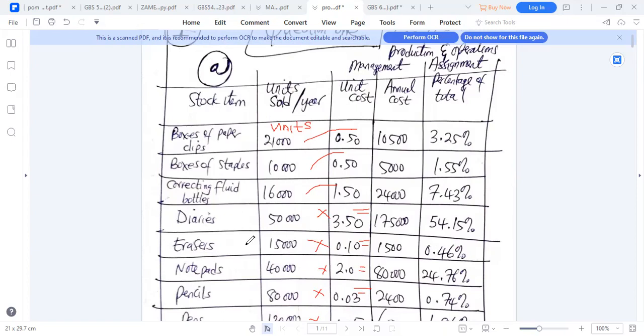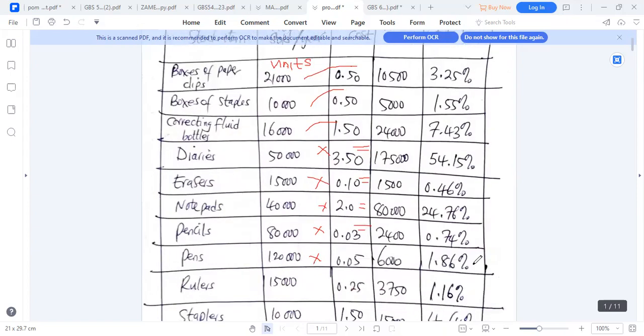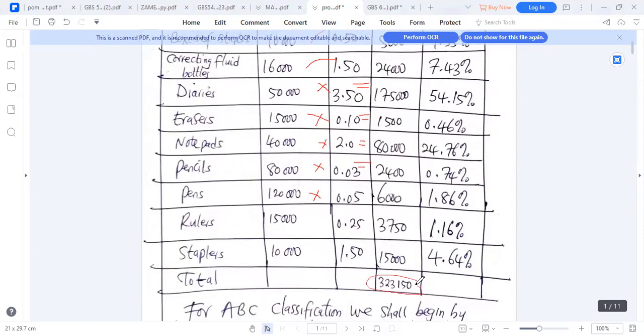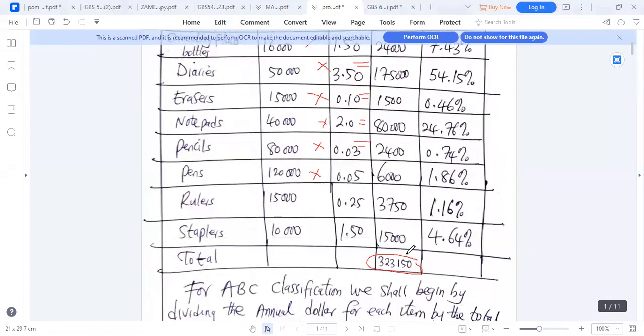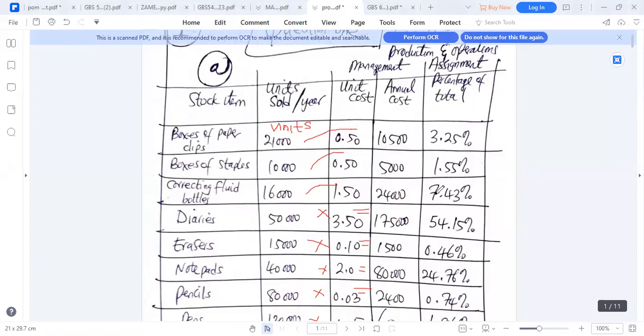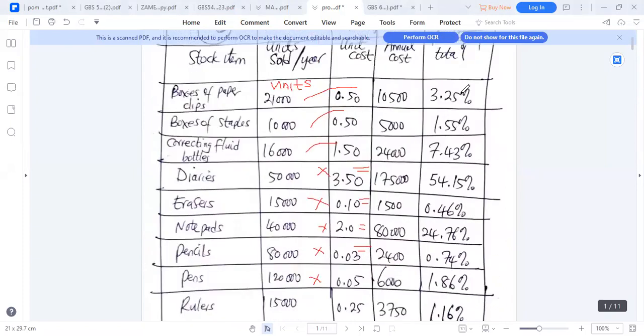Now, one thing that you need to understand here is that after getting the annual cost, you can now find the percentage of the total cost allocation. So the 3.25 came from the total, which is 323,150. You divide this one by 323,150 to get that one.